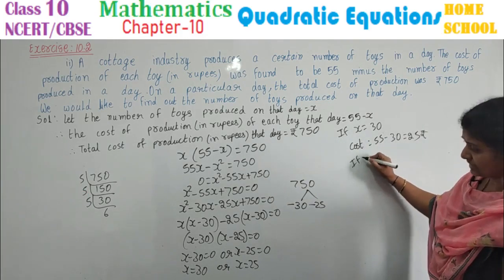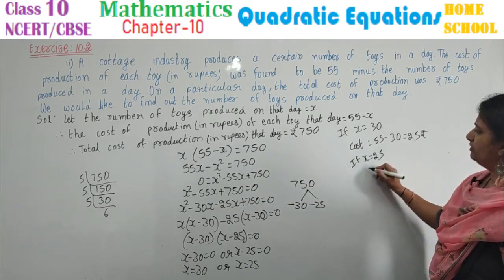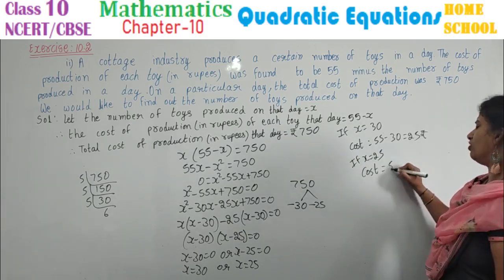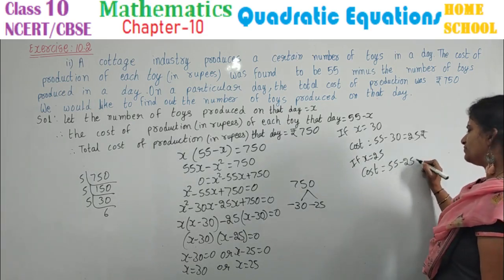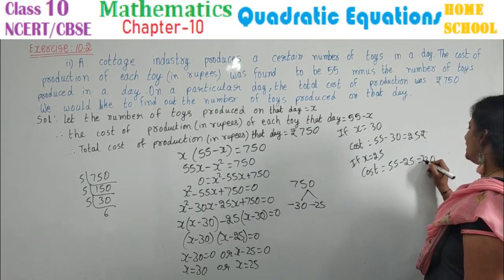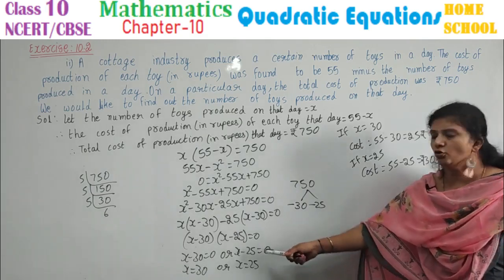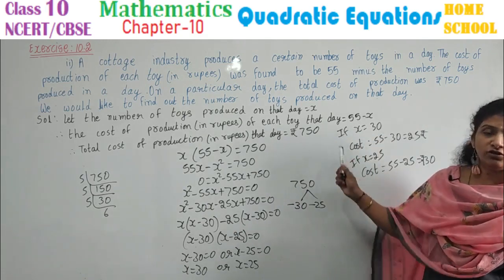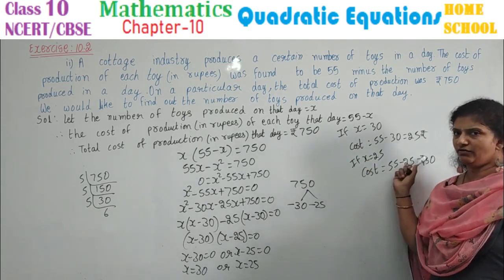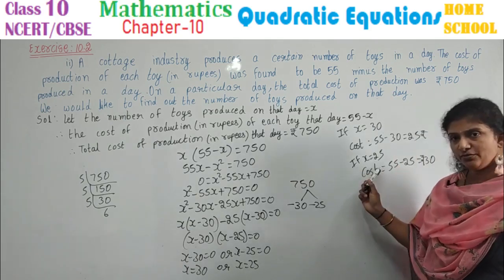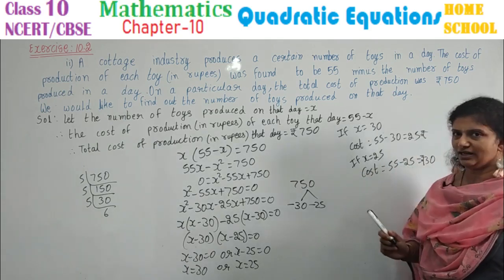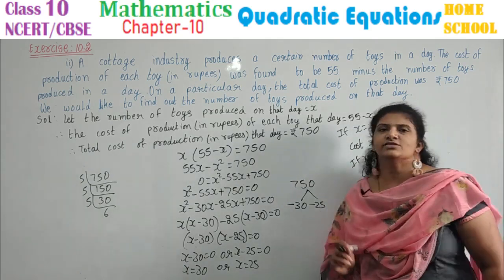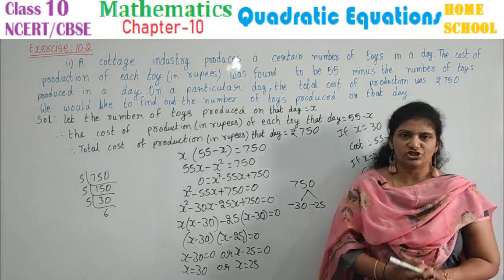Suppose x is equal to 25, then if 25 toys are produced on that day, the cost will be 55 minus 25, that will be 30 rupees. See, two cases you get here, children. If 30 toys are produced, cost will be 25. If 25 toys are produced, cost will be 30. Both cases give the answer, so you need to write both answers.